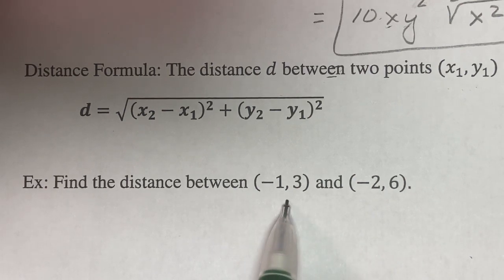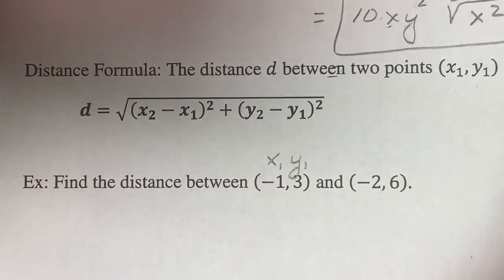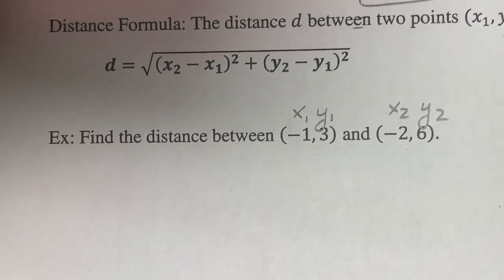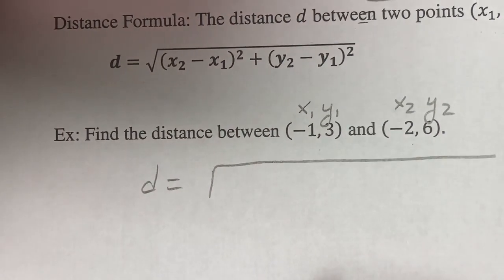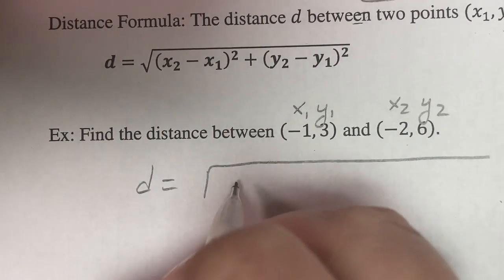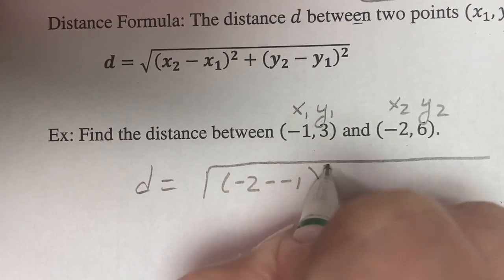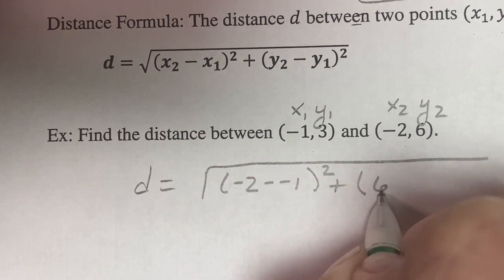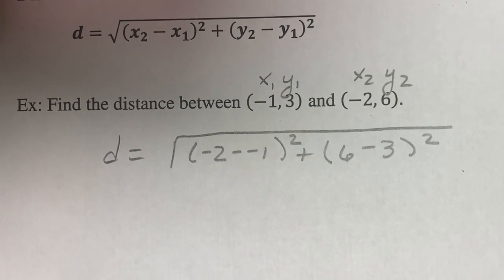So in this first example, if I want to find the distance between these 2 points, let's label this one x1, y1, and this one x2, y2. And I'm going to plug it in. So it's the square root of x2 minus x1, watch your signs, plus y2 minus y1, and that's going to be squared.